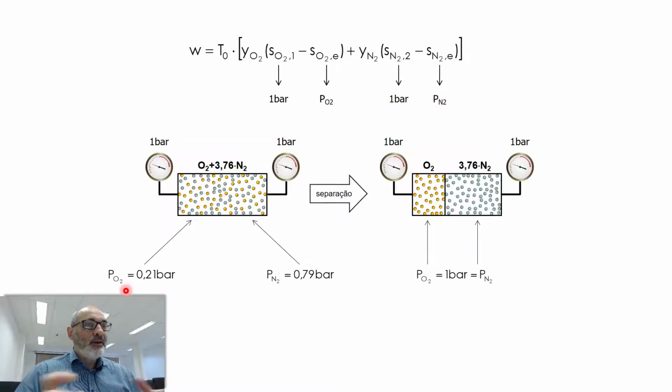So the pressure that O2 molecules are sensing is not 1 bar, it's only 0.21 bar. That's the partial pressure of oxygen. And N2 is subjected to 0.79 bar. And the temperature is the same for both gases. Do you have some problem with partial pressure? When we separate, what's happening?